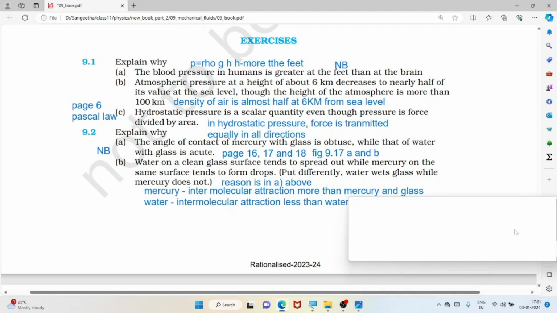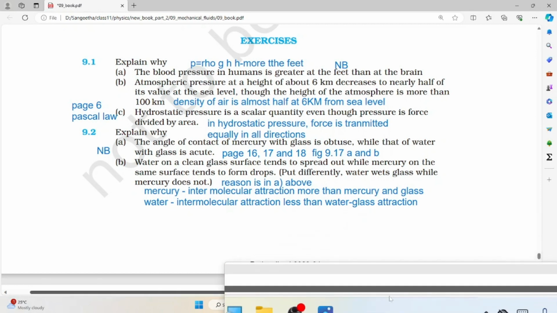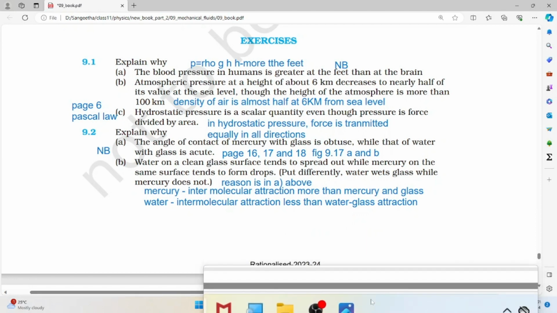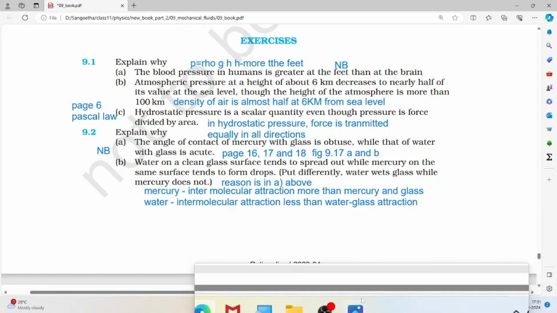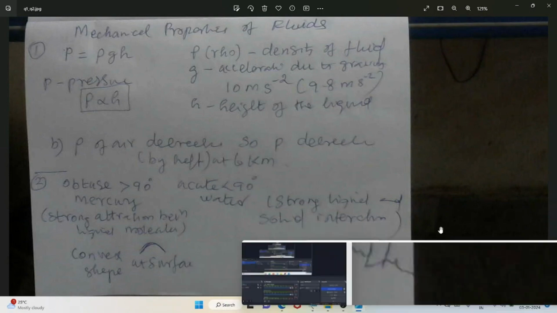So at 6 km, the density is almost half of that at sea level.